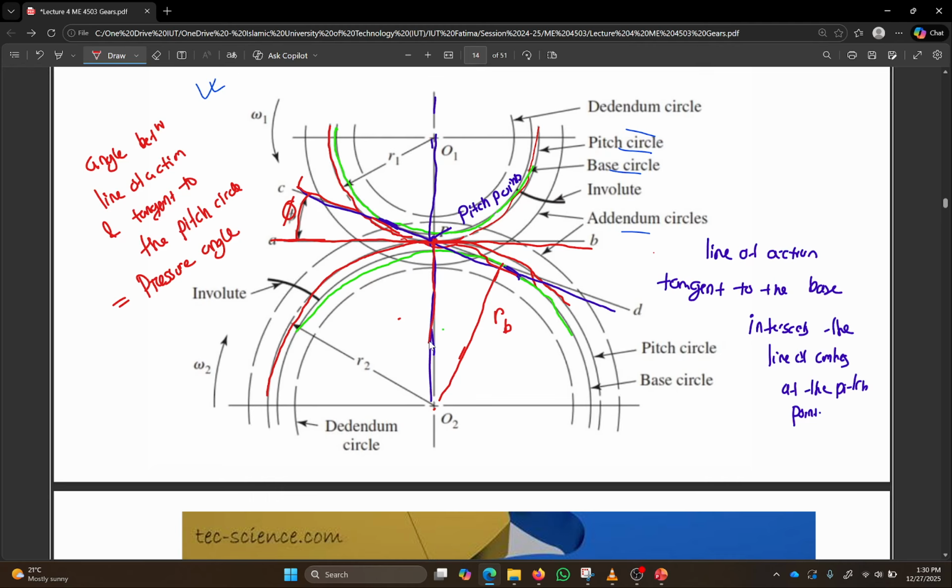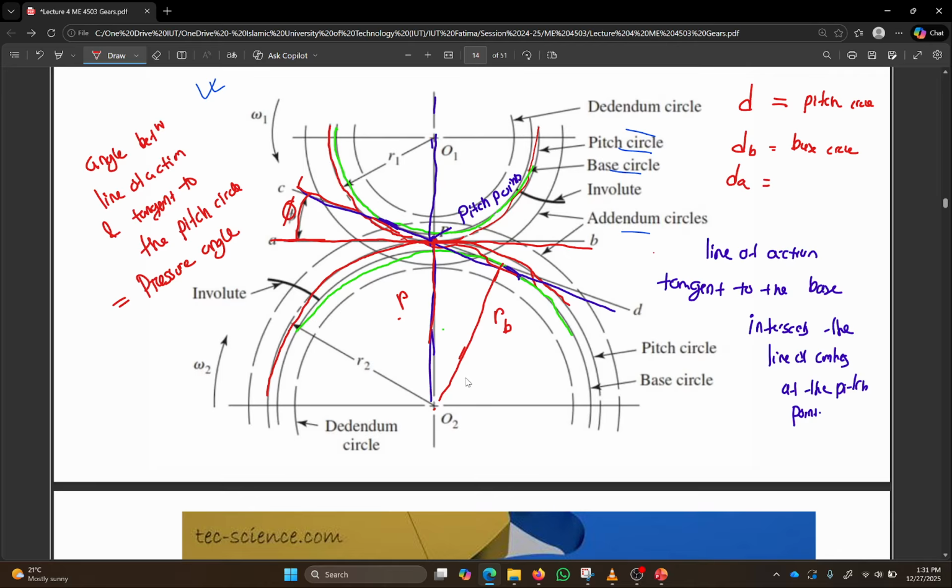This is the radius of the pitch circle, and we don't usually use any subscript to denote the pitch circle. If you write D with no subscript, it's automatically the pitch circle diameter. If I use DB, it means base circle diameter. If you use DA, addendum circle diameter, and so on.